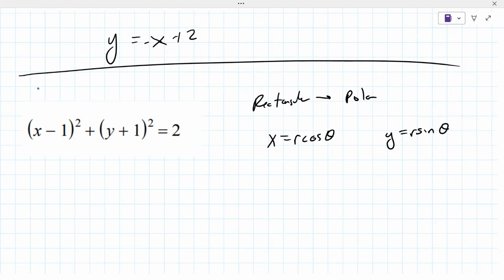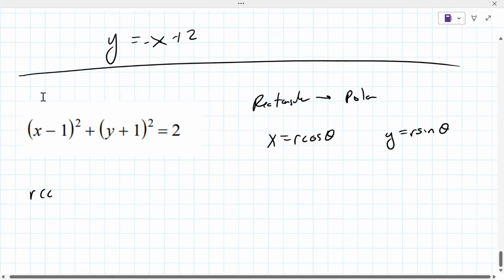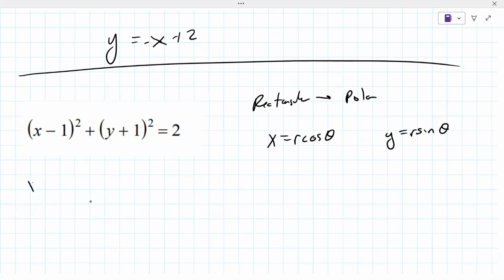So you just substitute those in. Well, let me take that back. There's a couple ways to do it. You probably would want to expand these first. x squared minus 2x plus 1 plus y squared plus 2y plus 1 equals 2.